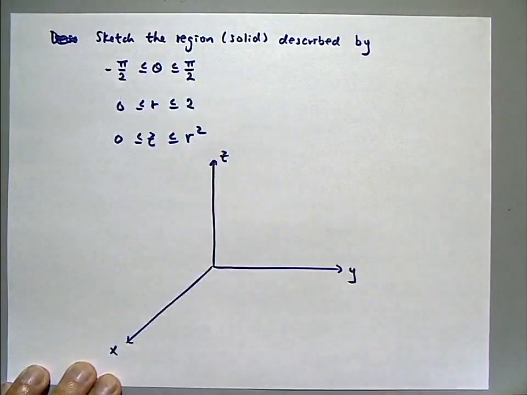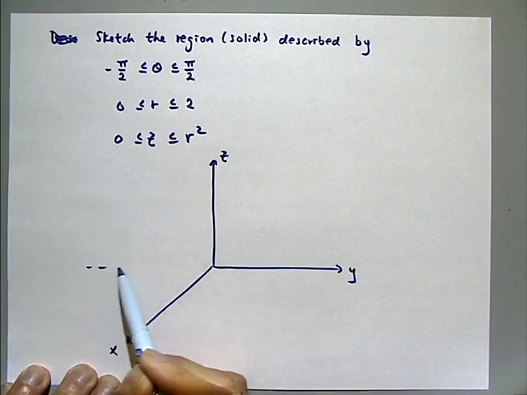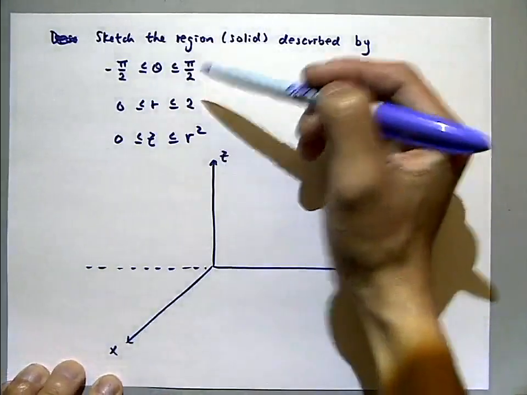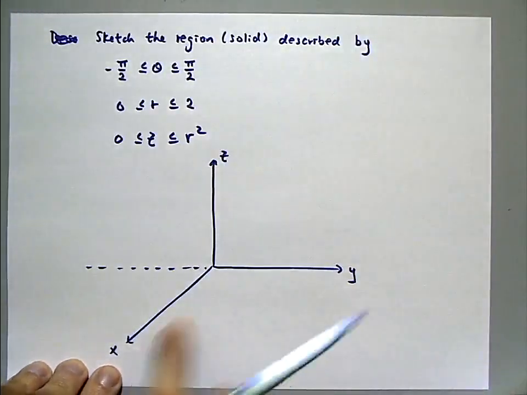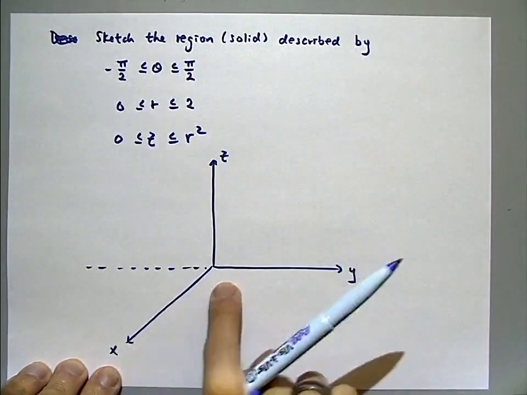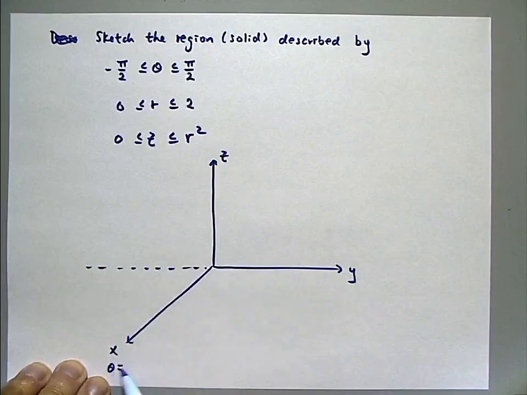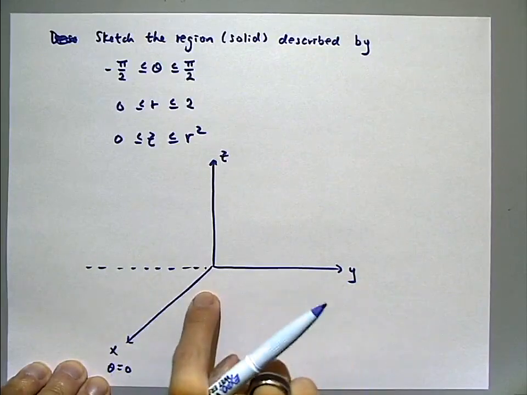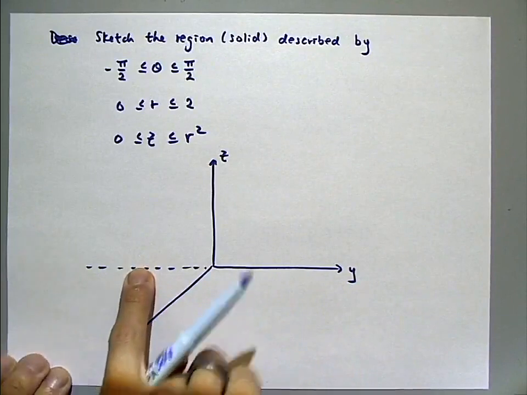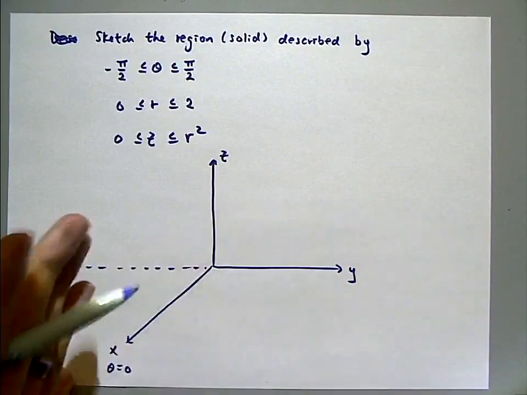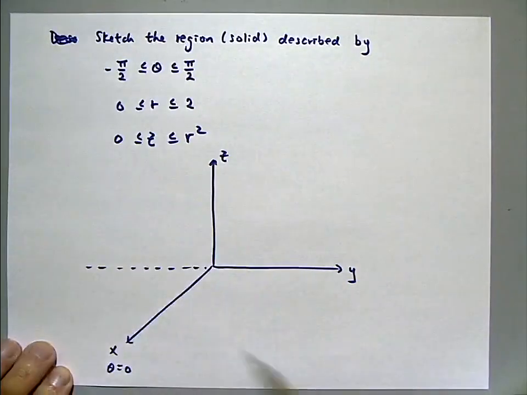Where is negative pi over 2? The negative y-axis, right? Remember, theta is always measured from the positive x-axis. So right here is theta equal to 0. Theta is negative pi over 2, means it's over here, into the fourth quadrant on the x and y plane.